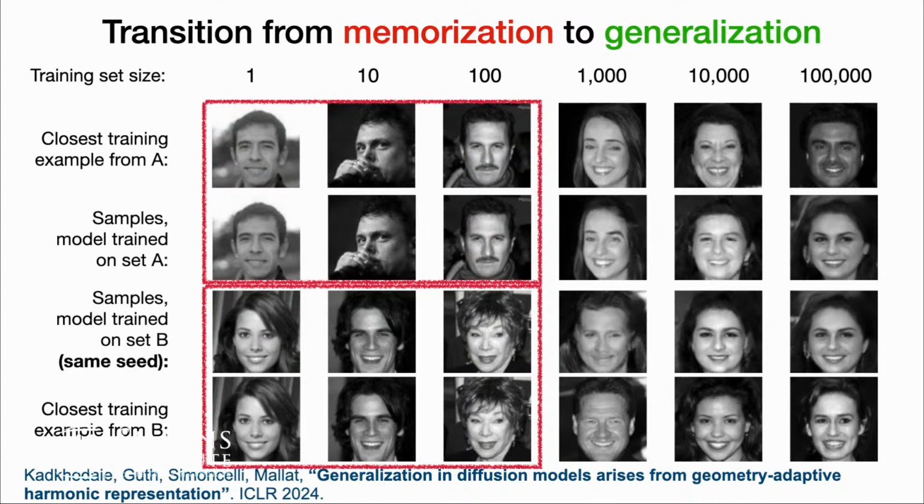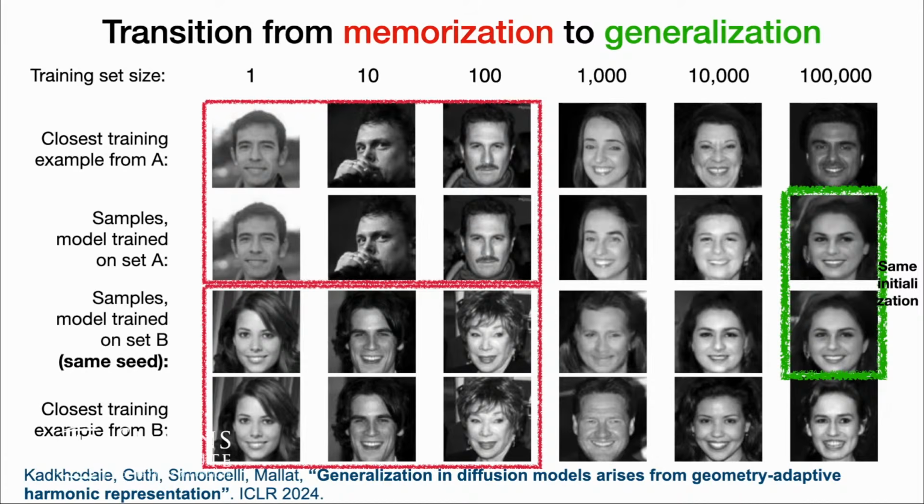Again, the memorization happens in the first regime when the number of data points is small, and then we have a transition phase. And then at the end, there is a threshold at which, when you start from the same initialization point, you end up generating not only a new sample, but a sample that is exactly similar to the previous sample that we had.